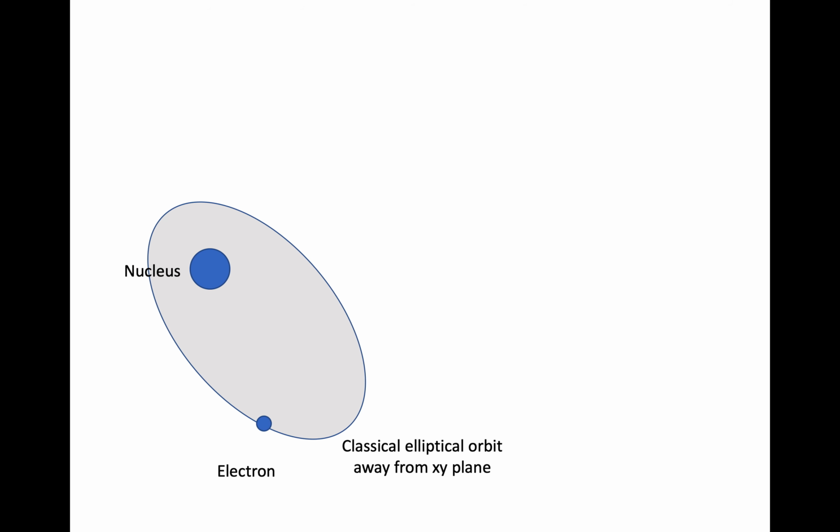Now, the elliptical ones, they don't necessarily have to be restricted to be in the xy plane. What if our ellipse was off of that particular plane? So we're going to use this convention here with the z-axis up, and here we have a tilting away from the xy plane.